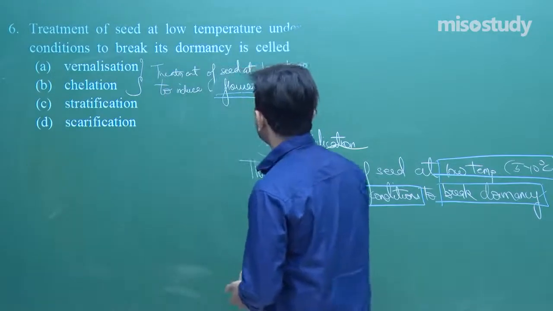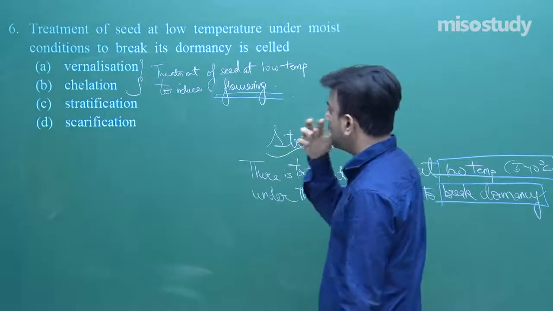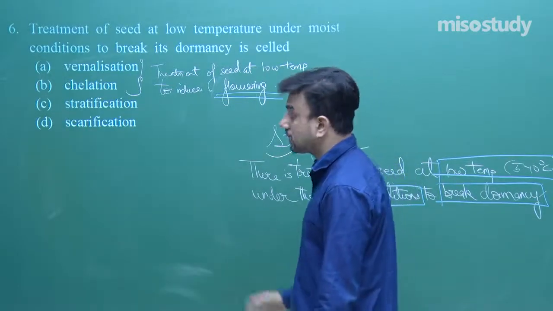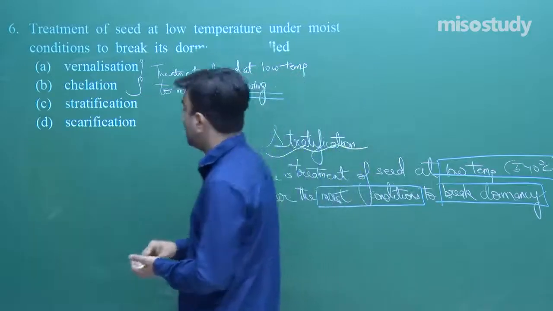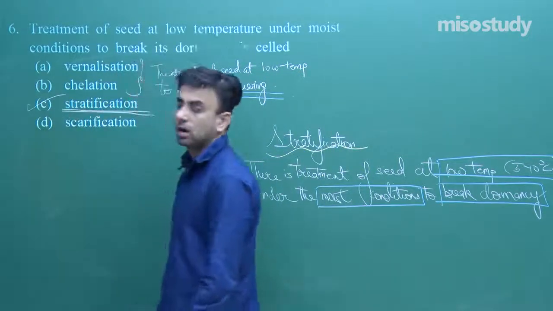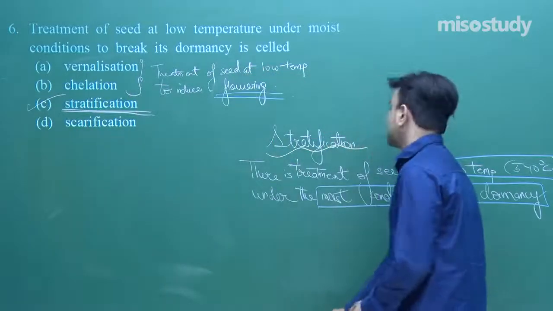So treatment of seed at low temperature to induce flowering is what you know as vernalization chelation, but the correct answer for this will be stratification.